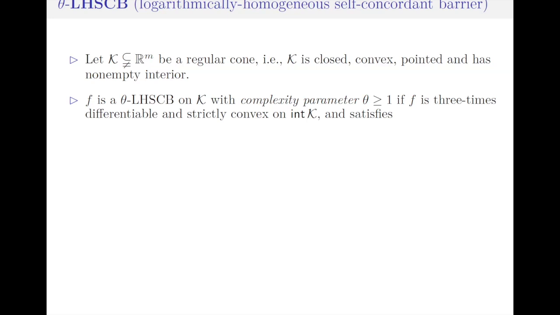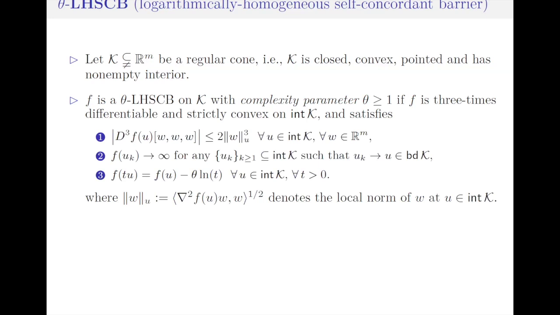if f is three times differentiable and strictly convex on the interior of K and satisfies the following three properties. The first one is the classical definition of self-concordant functions, which I believe all of you have learned in the first course of convex optimization.